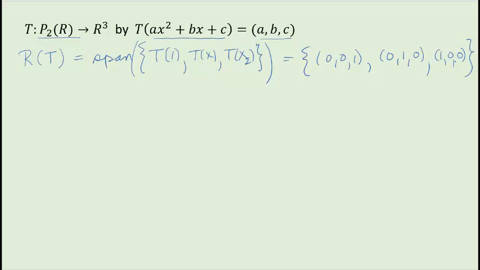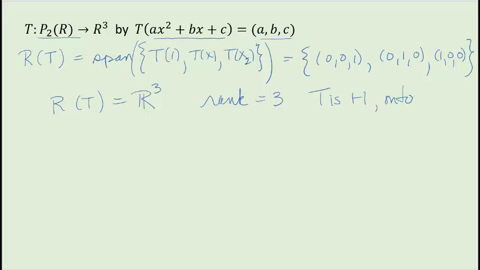So this is linearly independent. The span of this set is all of R3, so we say that the range of T is really all of R3. The rank is equal to 3. T is 1 to 1, and it is onto.